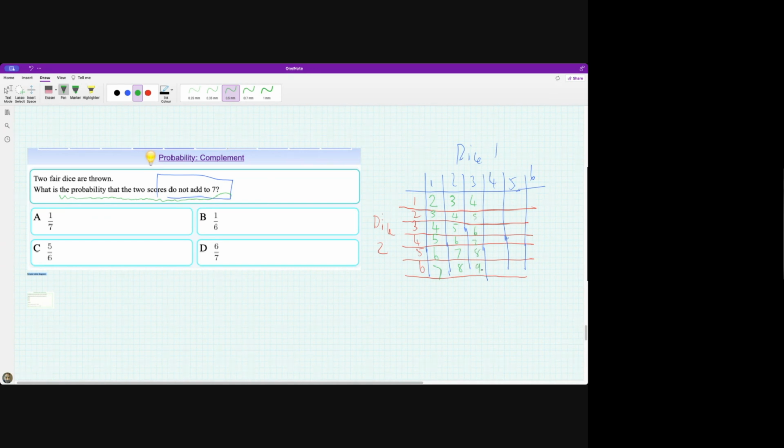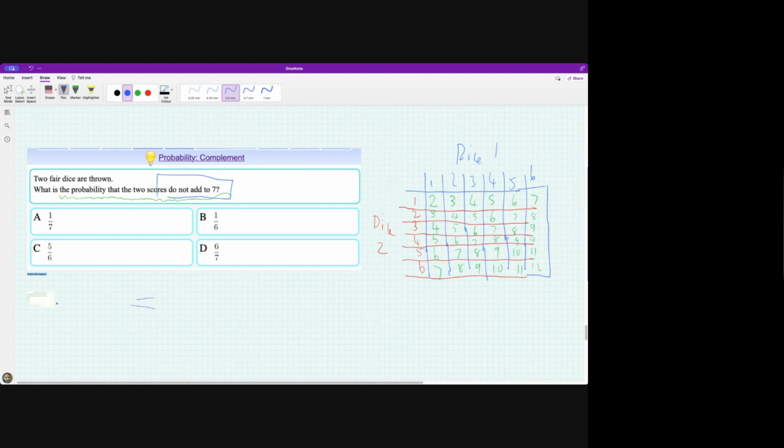So 3 plus 6 is 9. 4 and 1 is 5. 6, 7, 8, 9, 10, 11, 12. So my table that represents the sum of two dice is this.